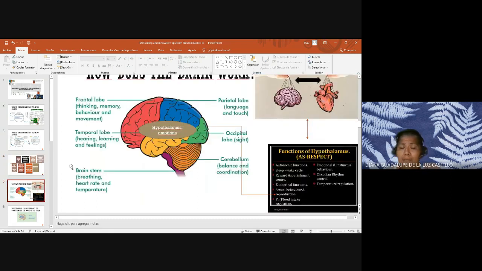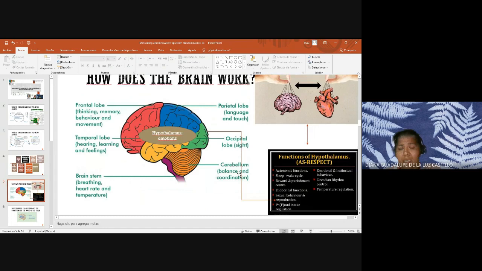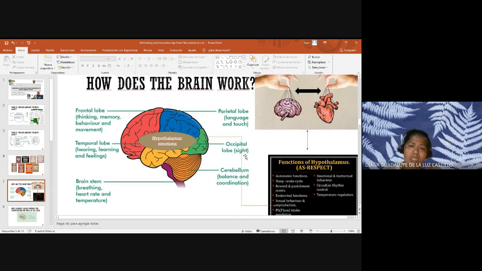And due to that fact, we need to pay attention to what students think and what students say and how students feel. This takes us to think of how people think and how people feel.